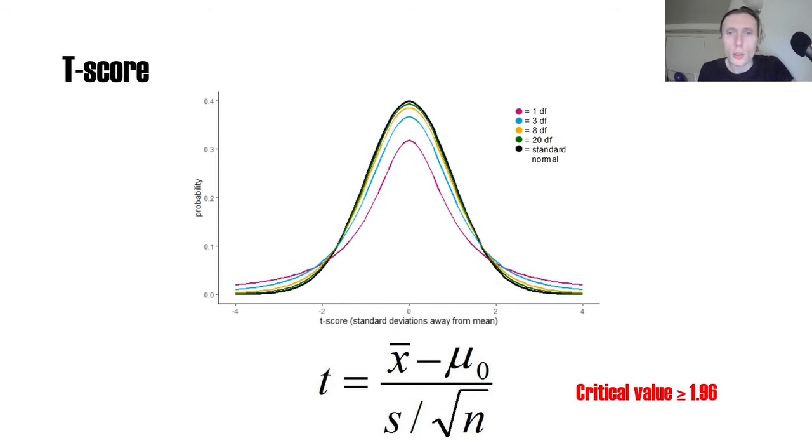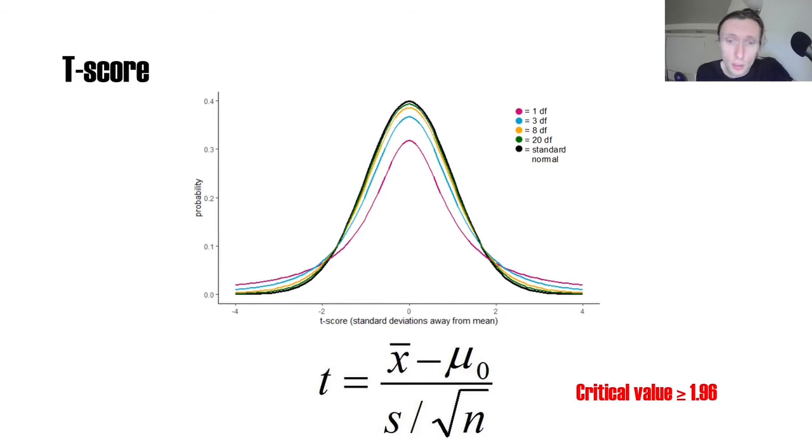So if you have just a few observations, you need to find a difference that is larger than 2.5 standard deviations or standard errors of mean to the right or to the left, which basically just implies that the lower number of participants you have, the larger your difference needs to be to actually conclude that there is a difference.